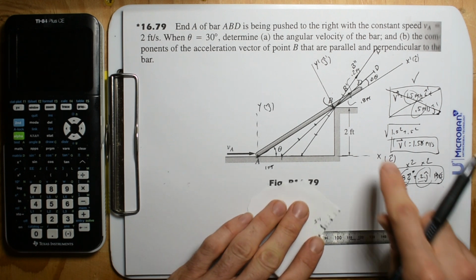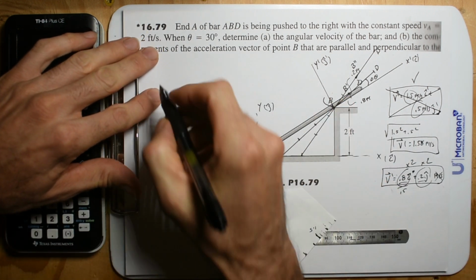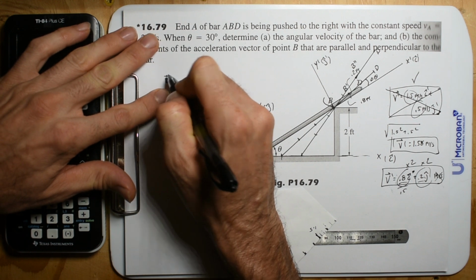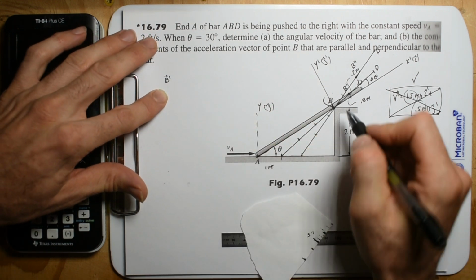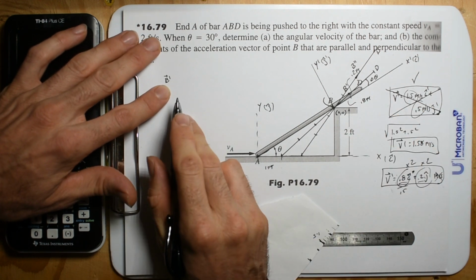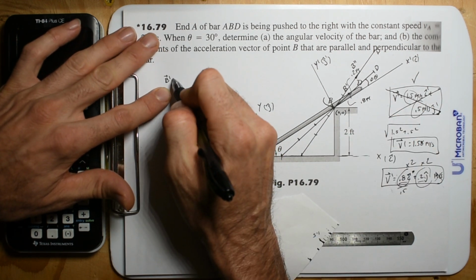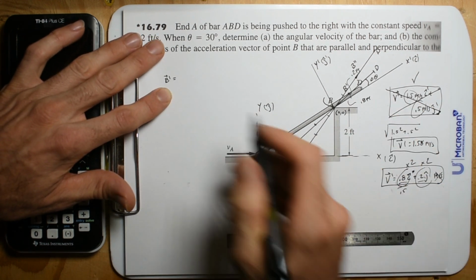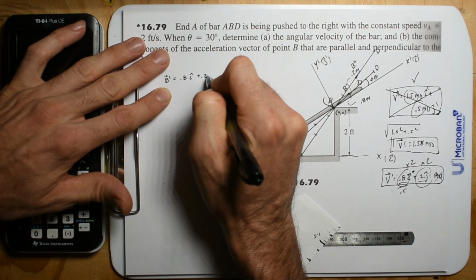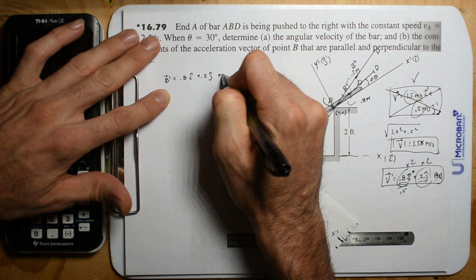All right, hell yeah. So let's take that first point, and we're going to call it B prime. So this is the vector, kind of a distance vector. I mean, this is our origin, so we're going to go 0, 0, and sweet. And so this is going to be 0.8 I plus 0.2 J, and this is in feet.